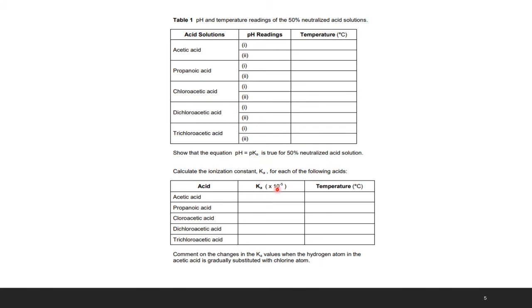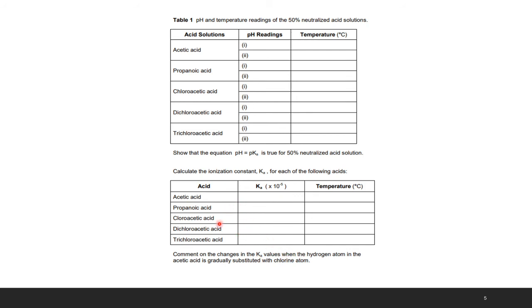I would like you to change the value of Ka by multiplying it by 10 to the minus 5, so you can easily see the trend here. You can definitely see that there's a trend involved. What you need to do is comment on the changes in the Ka values.